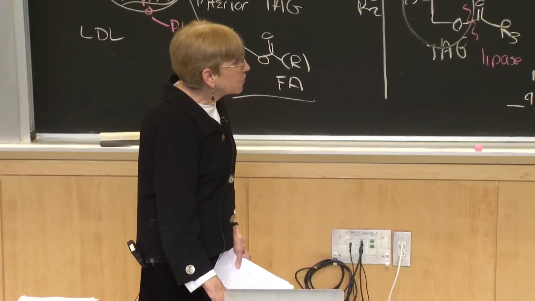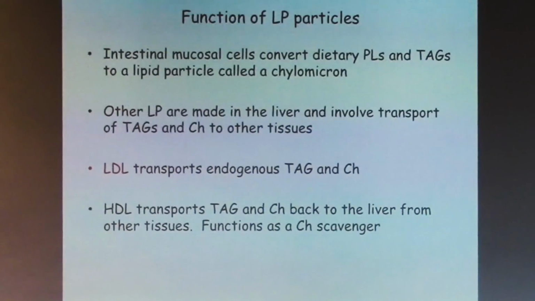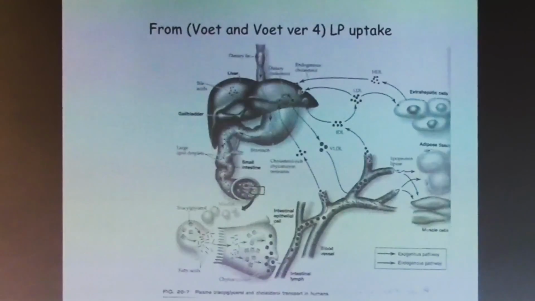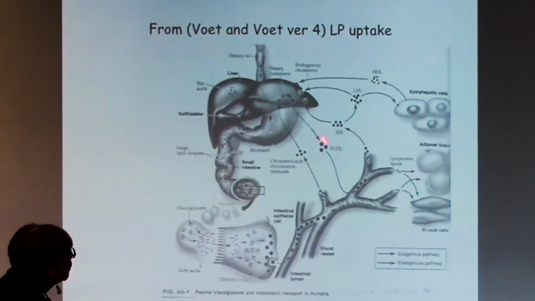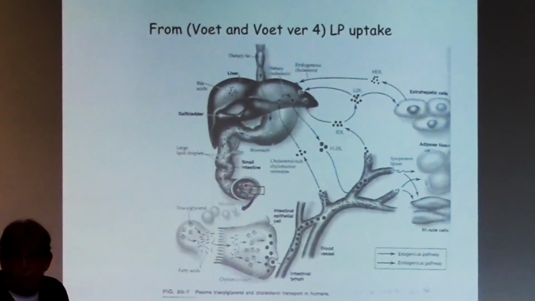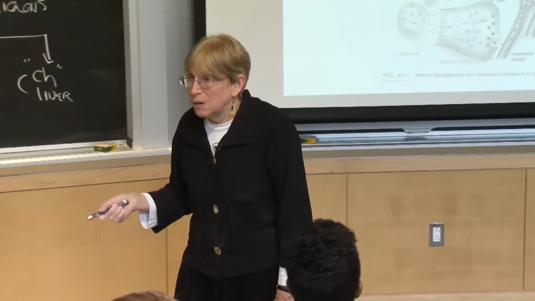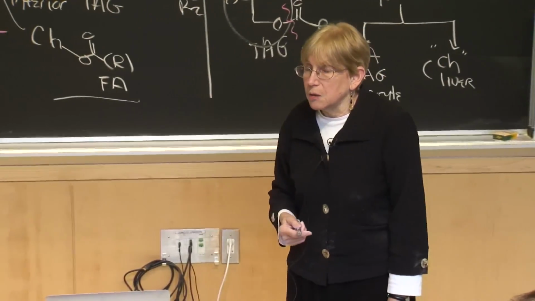Okay, so that just summarizes what I didn't show you over here. You all have heard about high-density cholesterol, low-density cholesterol. And high-density cholesterol is distinct from all these other lipoprotein particles.